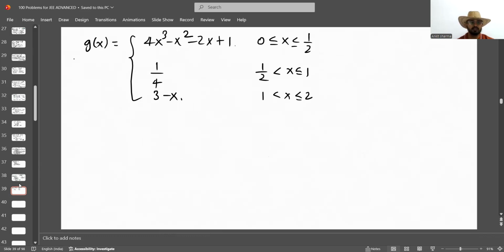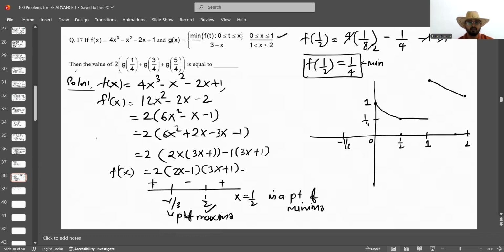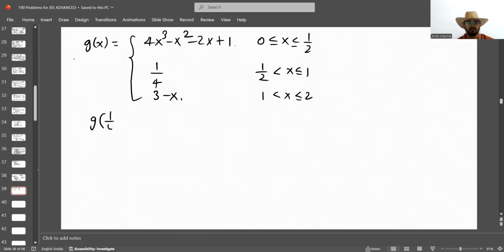So now we need the value of g of 1 by 4, 3 by 4, 5 by 4. So g of 1 by 4 plus g of 3 by 4 plus g of 5 over 4 will be equal to, now we want g of 1 over 4. 1 over 4 will be governed by this interval.